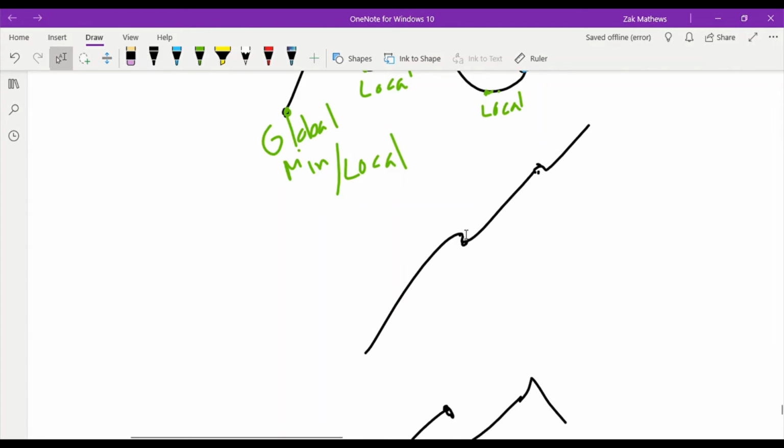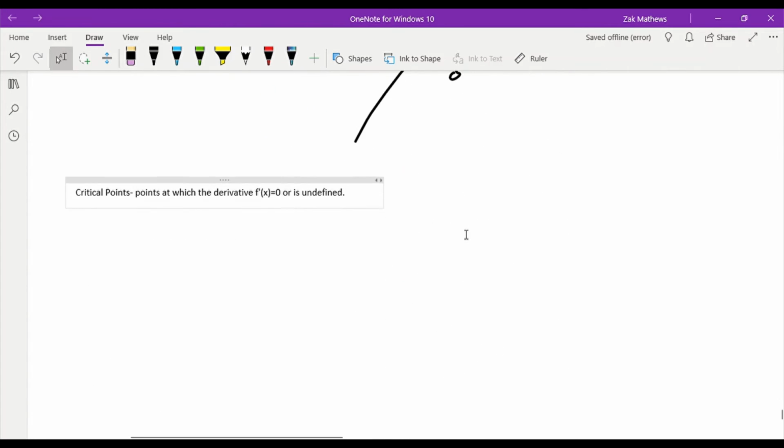And also critical points could be those points at which the derivative is equal to 0. So when we consider any sort of extrema, it doesn't matter if it's absolute or local, we need to consider the critical points and the endpoints.